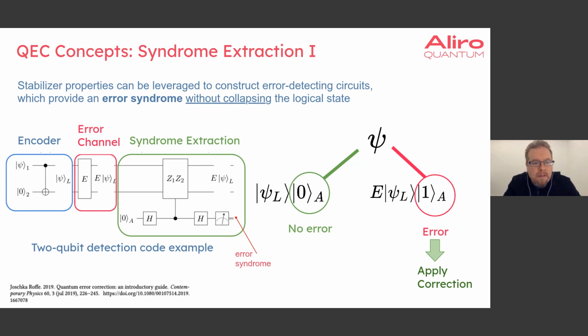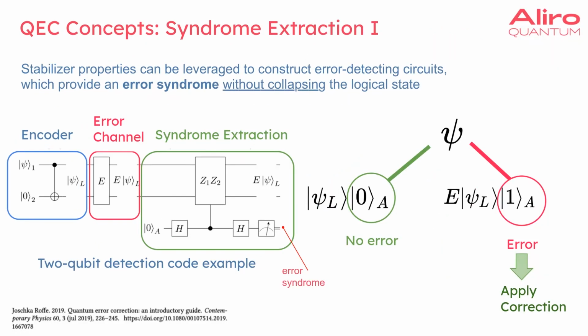So how can we leverage these mathematical properties of our stabilizers and build circuits that can actually detect errors and correct errors? Here on the diagram to the left, we see an encoder. The encoder is the part of our circuit which will take our raw qubit and encode it into this larger state space.